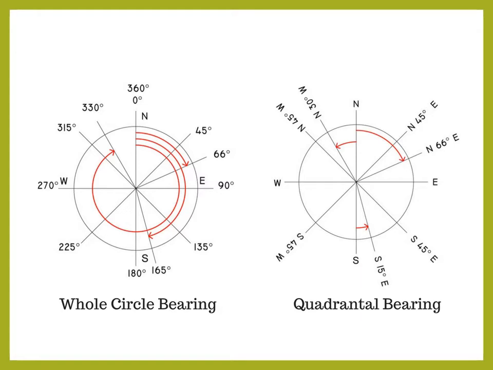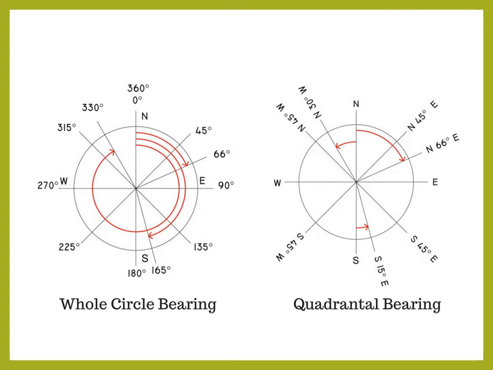It is located in the second quadrant, that is the southeast quadrant, so I can write southeast. Now to find the angle, I have to mention the angle from the south direction. So it will be equal to 180 degree.